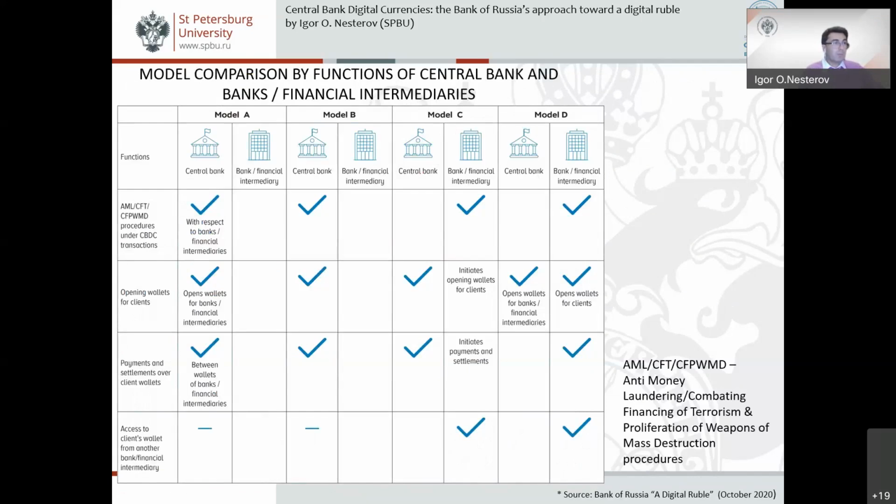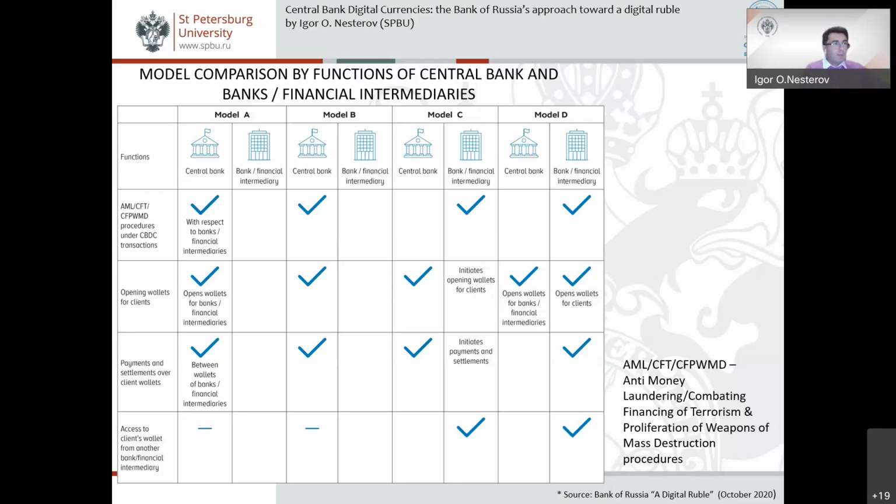Just to summarize, we can see that for wholesale Model A, as I've already mentioned, most central banks consider that Model A didn't offer additional benefits for households and businesses compared to the existing payment systems. As a result, major central banks do not intend to develop this possible model.